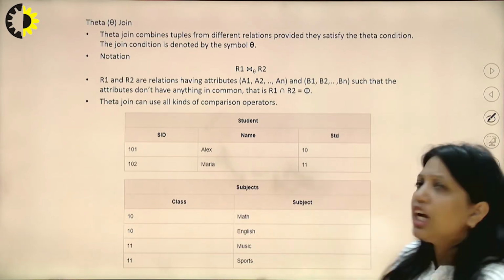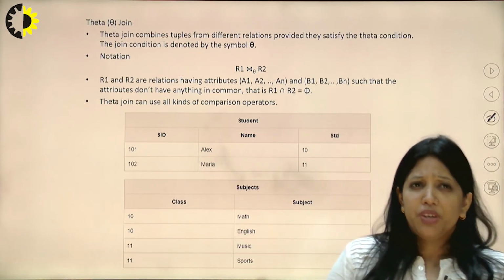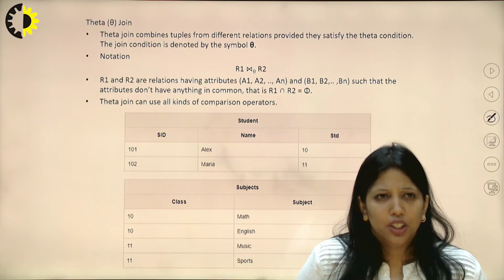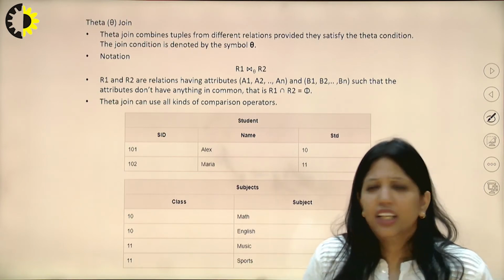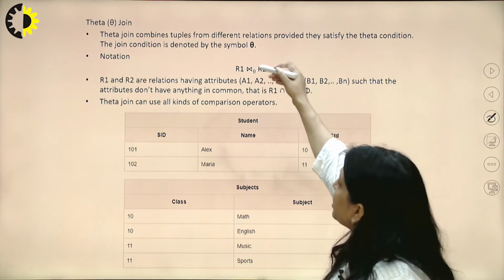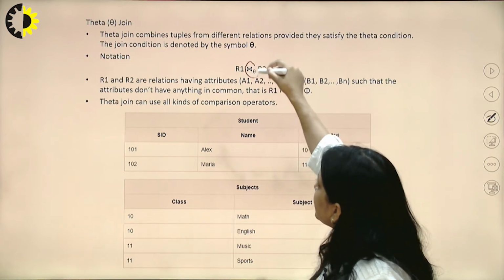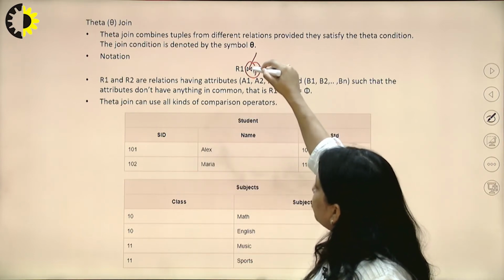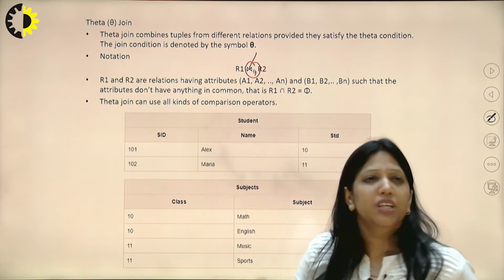So the theta join combines tuples from different relations that satisfy the theta condition. Theta is denoted by the theta sign. The notation for this is R1 join R2 with theta. This theta implies theta join. This implies join, and when we use theta with this join, it becomes a theta join.